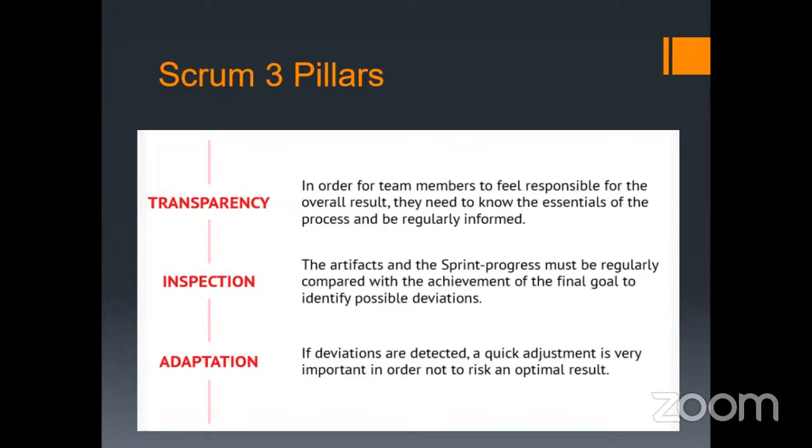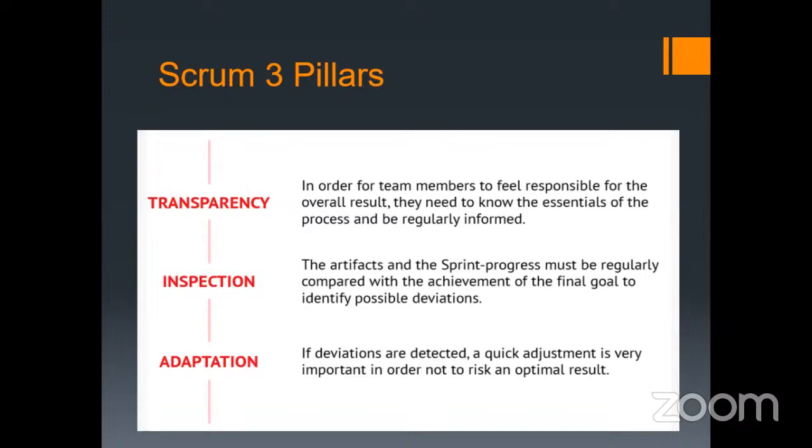Inspection: all the artifacts and the sprint progress must be regularly compared with the achievement of the final goal to identify possible deviation. And then adaptation: if any deviation is there, then quickly adjust in order to get the optimal result.